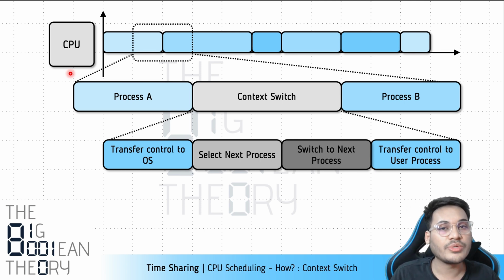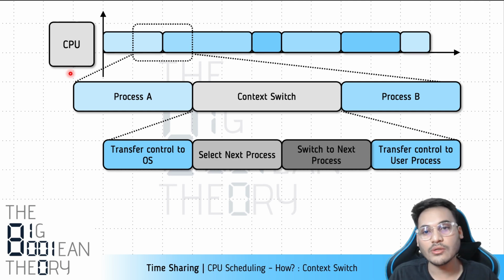And unless the operating system is executing, it cannot do any kind of CPU scheduling, right? So first of all, to do any kind of CPU scheduling to switch from one process to another, which only the operating system can do, we have to bring the operating system into the picture. We have to give the control of the CPU to the operating system. The first part is transferring control to the operating system. And in the previous two videos, we have talked about two different ways of doing this.